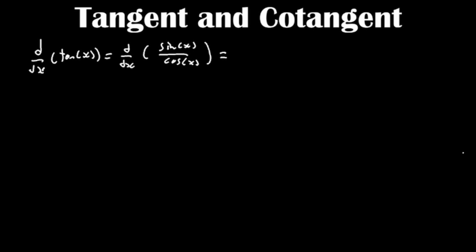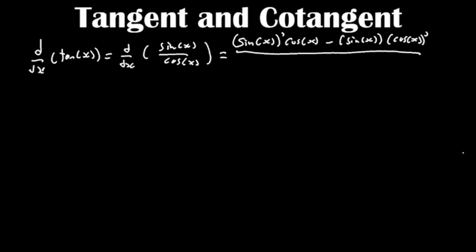So this is going to be the derivative of sine of x times cosine x minus sine of x times the derivative of cosine of x, all divided by cosine squared of x. Basically what I did was I did derivative of the top times the bottom minus the top times the derivative of the bottom, all over the bottom squared.